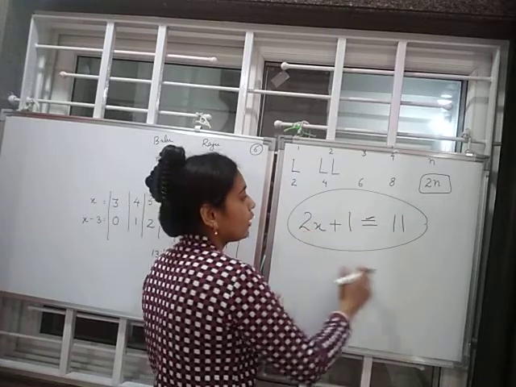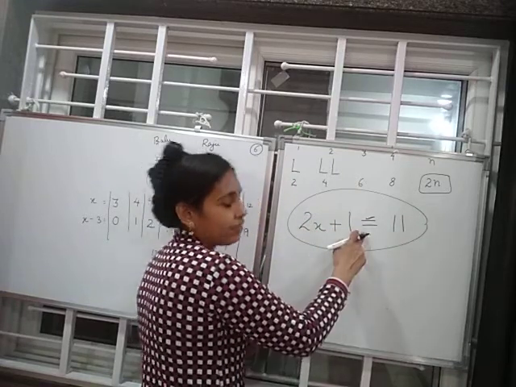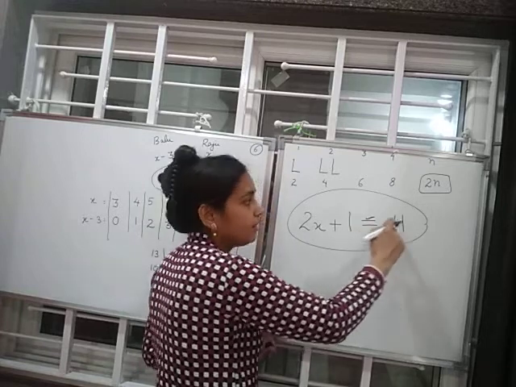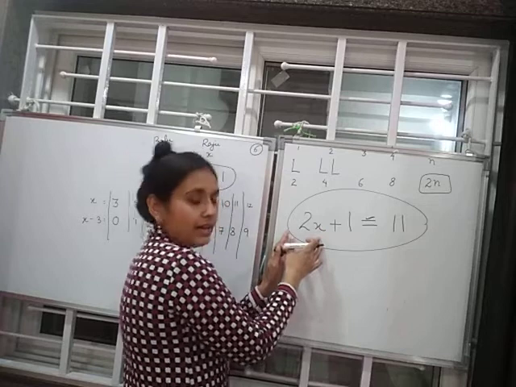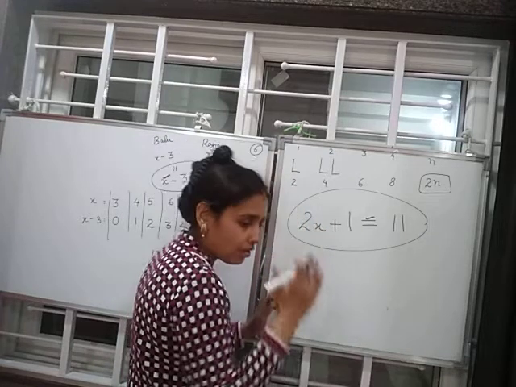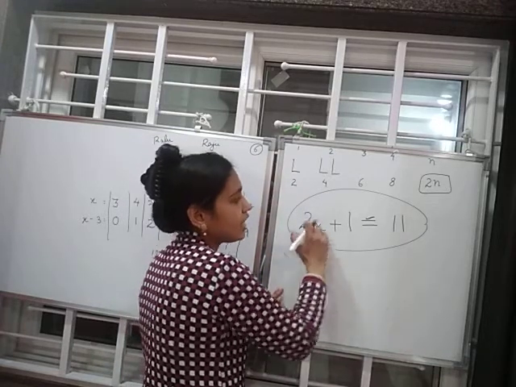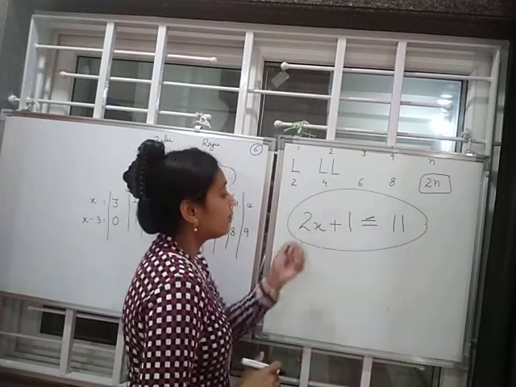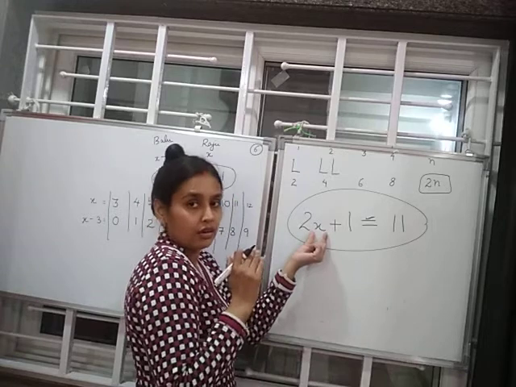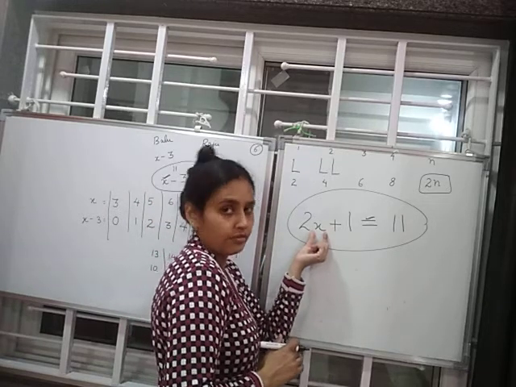So an equation is having an equal to sign. It has a right hand side and it has a left hand side, and always the left hand side is equal to the right hand side at a particular value of the variable.